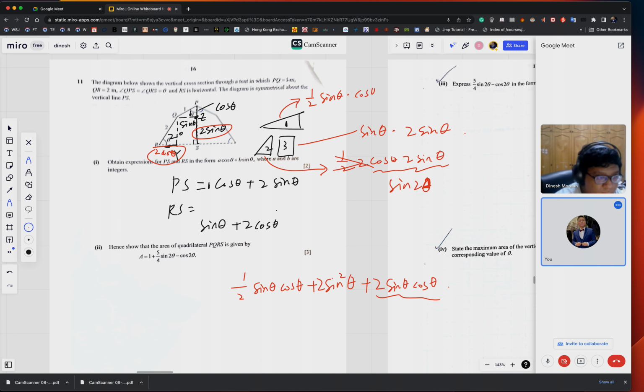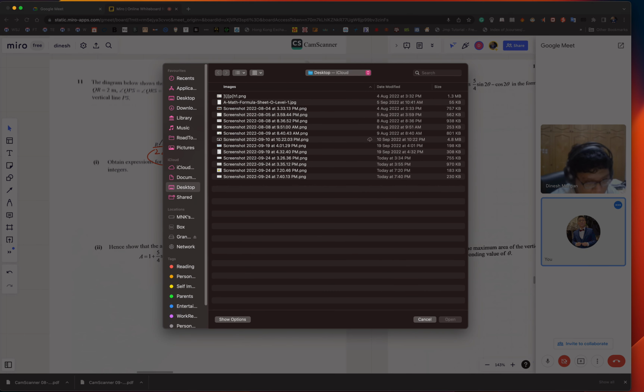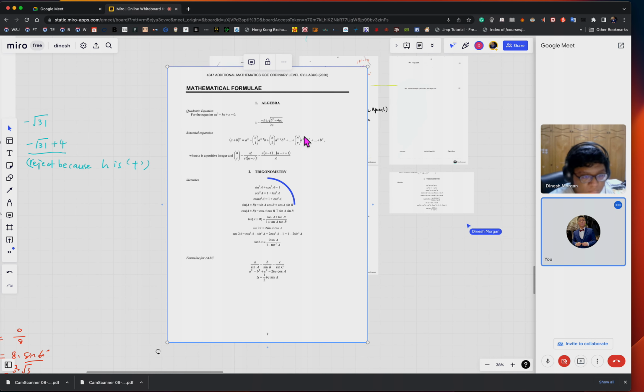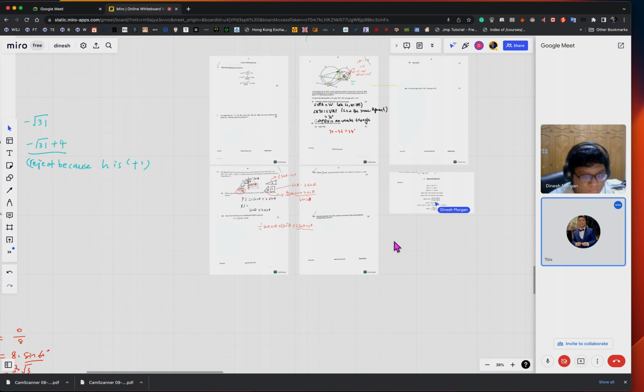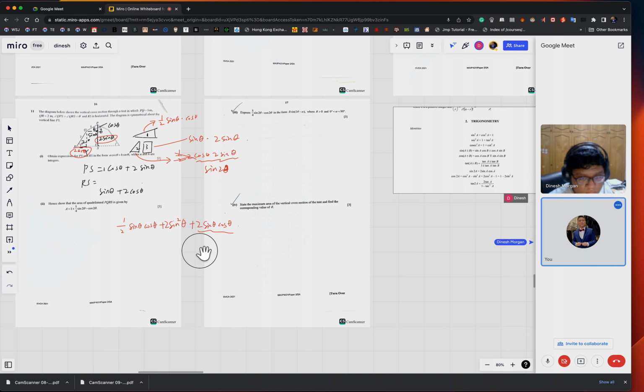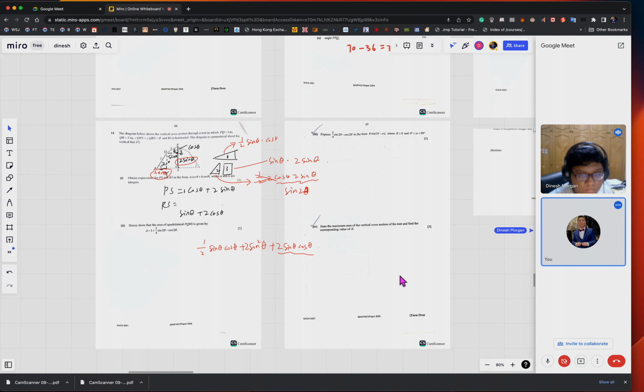Let me just upload it to the side of this page. This is under the EMAP formula sheet. I just put it on my desktop. Oh, thank you. Okay. Should be sine 2 theta.